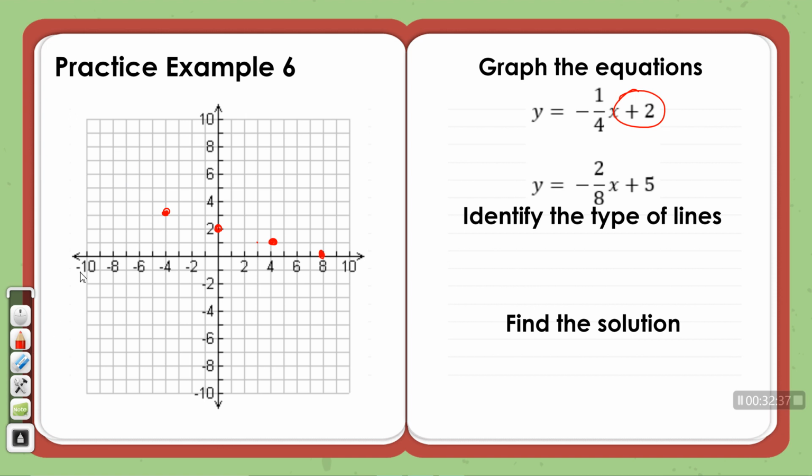Try that again. Oh, not a very good line. All right, and then the bottom one starts at +5, and it goes down 2, right 8.